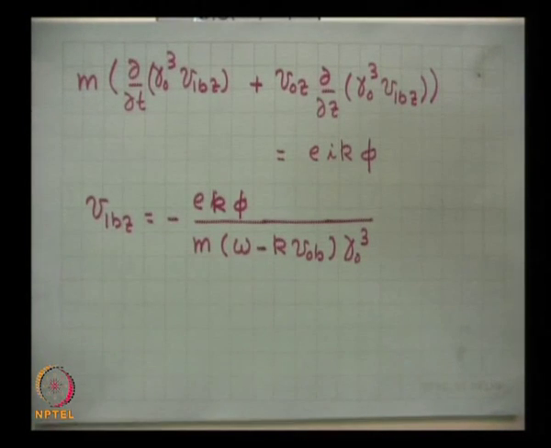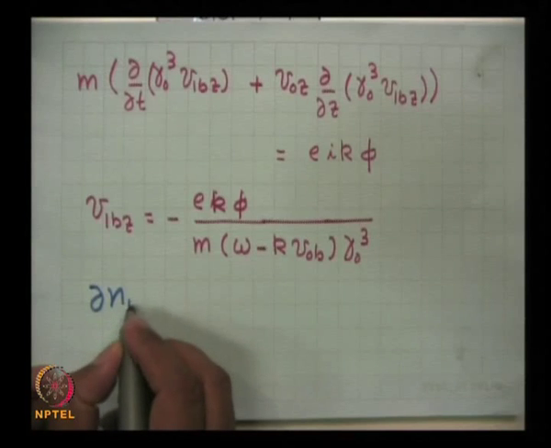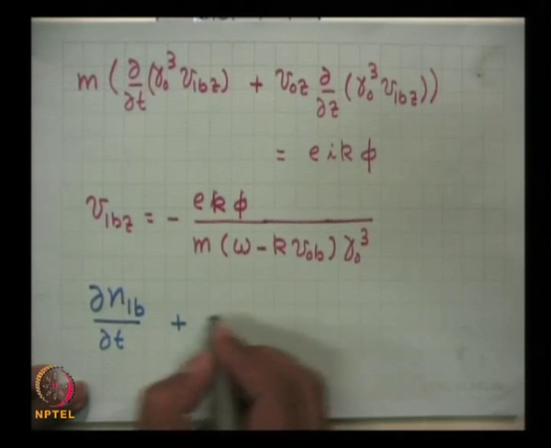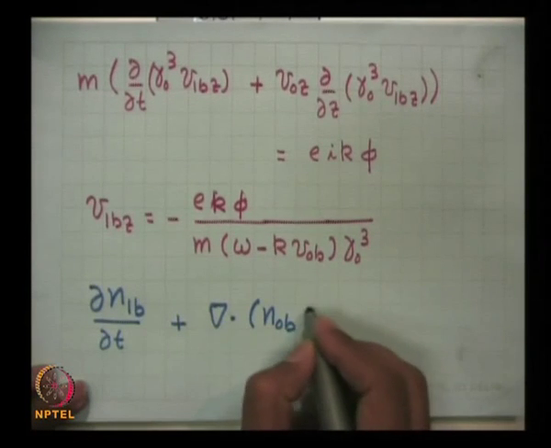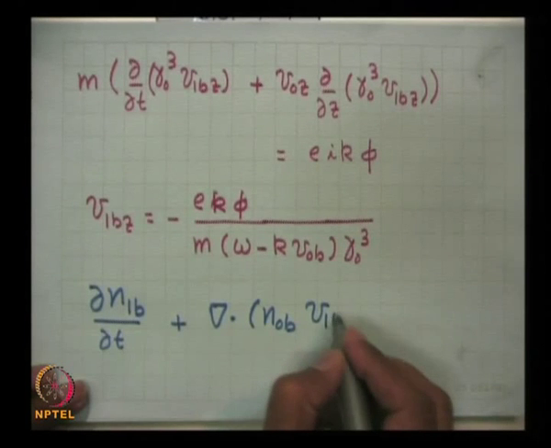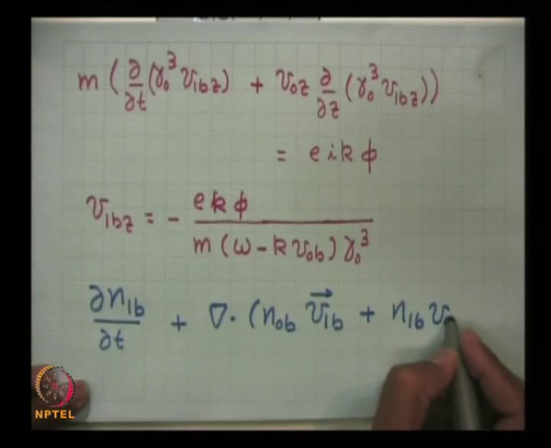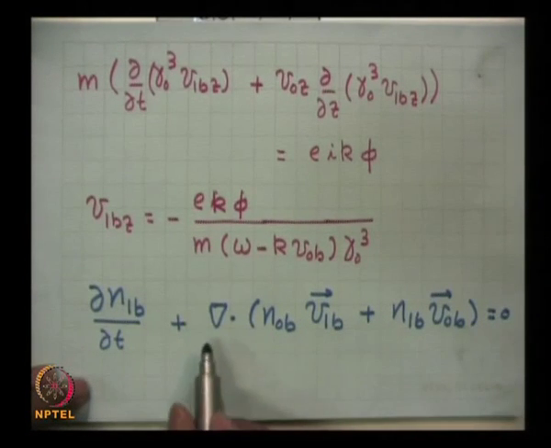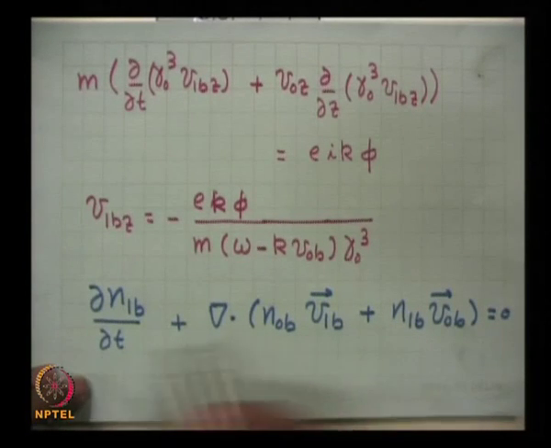And then we solve the equation of continuity, which for the perturbed density turns out to be delta n1b upon delta t plus divergence of N0b into V1b plus N1b into V0b. This is the linearized equation of continuity. Replace this by ik, this by minus I omega, and solve this equation.